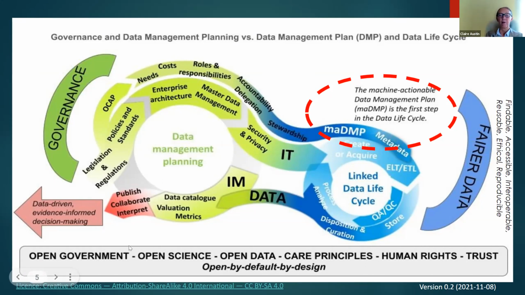And all of this is based on a foundation of open science and CARE principles. And as I mentioned a year ago, I was very happy, I would say stunned, to hear the head of, I think it was UNESCO, declare that data are a human right. And that really should raise the bar for management of data everywhere.